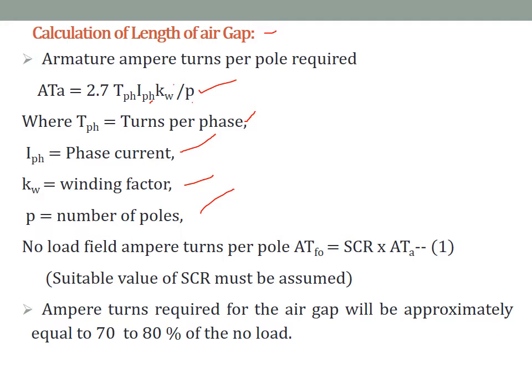Now, no load field ampere turns per pole, ATF0, is equal to SCR, short circuit ratio, multiplied with ATA. This ATA we have calculated. Assume SCR, a suitable value of SCR must be assumed. Using this we can find ATF0.